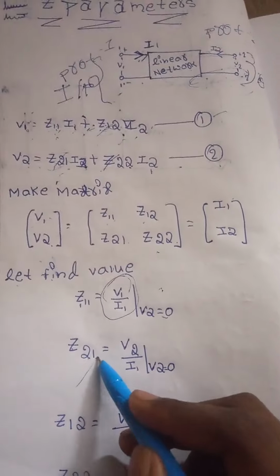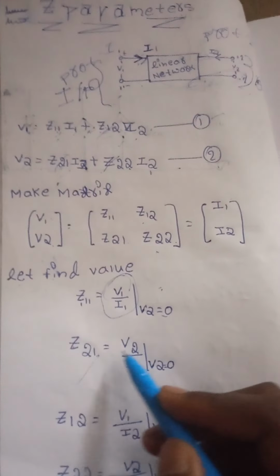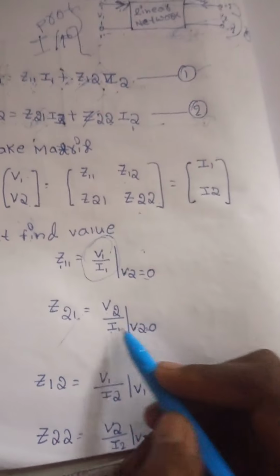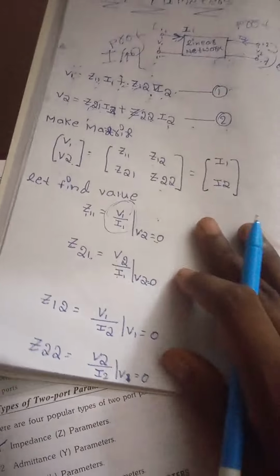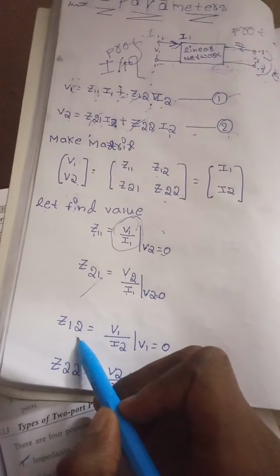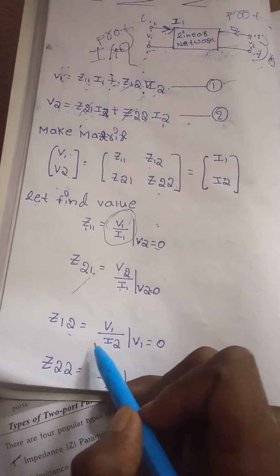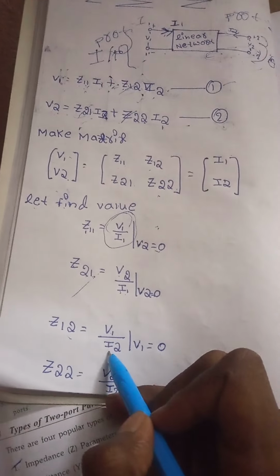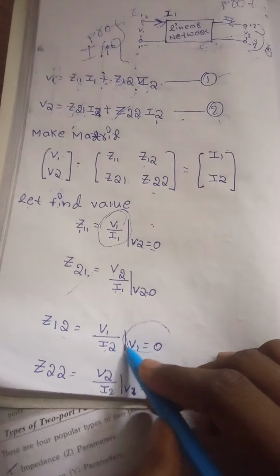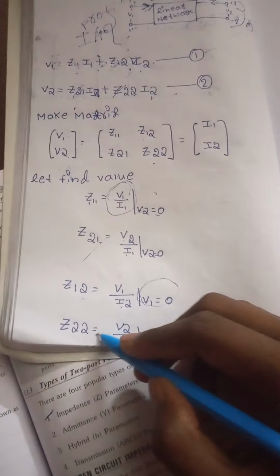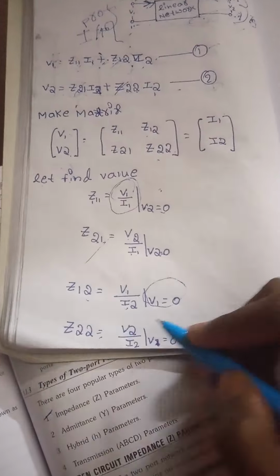Next, Z21 is V2 by I1 with V2 equal to 0. Next, Z12 is V1 by I2, in this case with V1 equal to 0. And Z22 is V2 by I2 with V1 equal to 0.